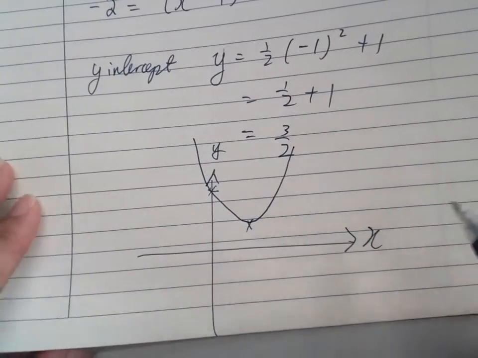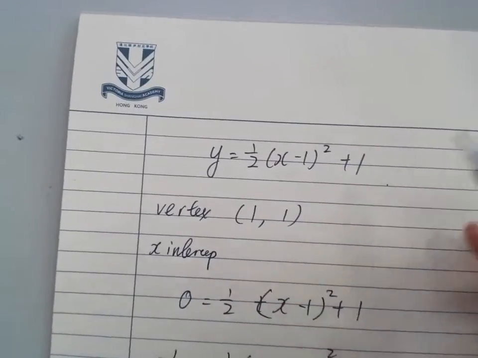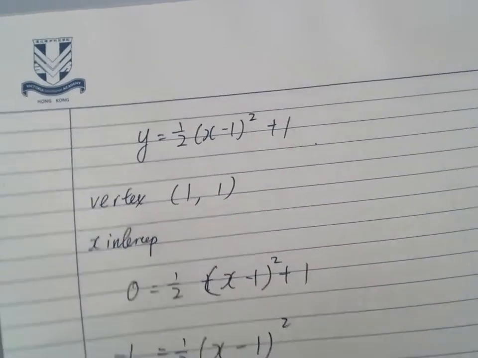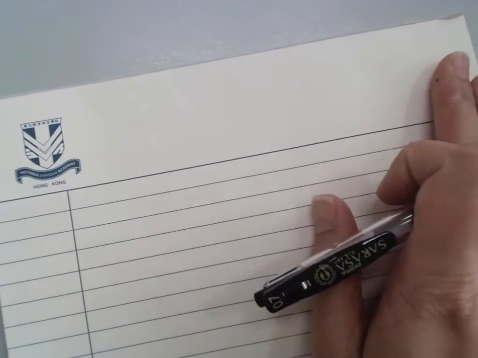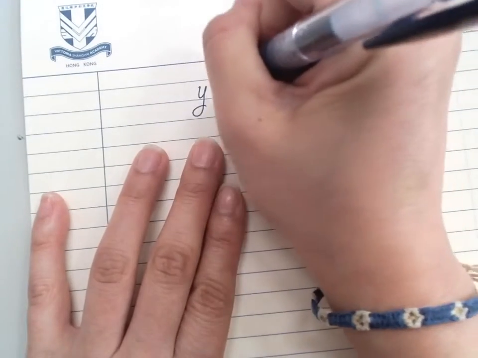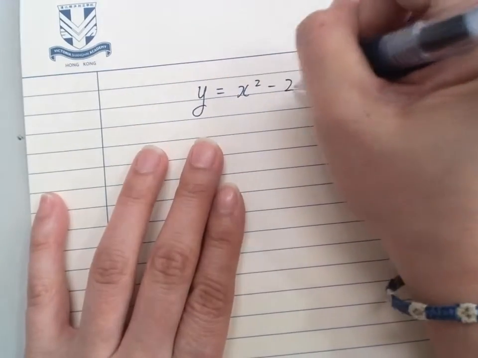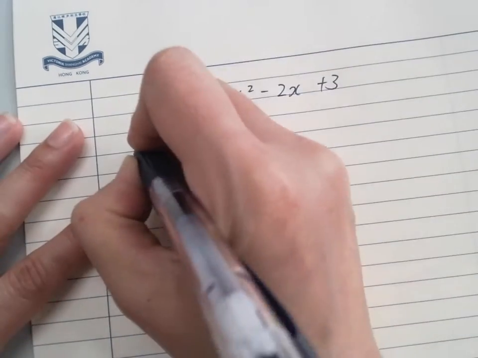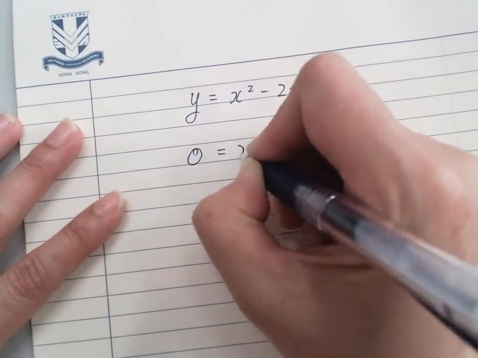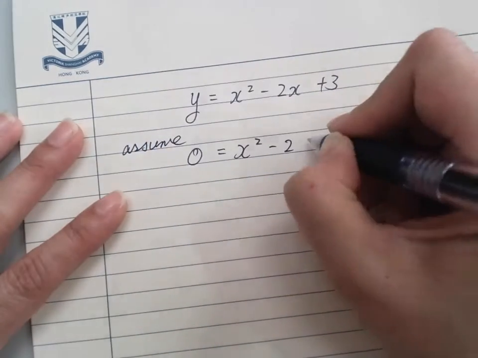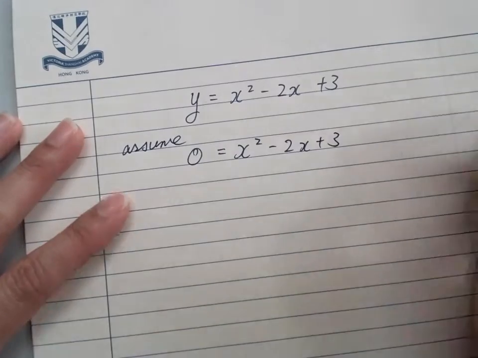Sometimes it might not be given to you like this. You need to change it to become the completing square form. There are tons of ways in the market to do it. I'm going to do it in a tricky way. So y equals x squared minus 2x plus 3. What I will do, very tricky, is assume that it equals 0.